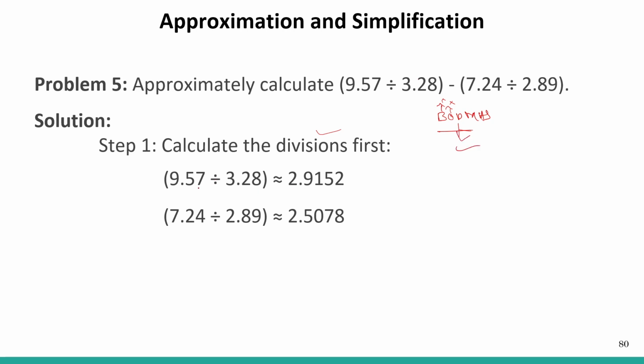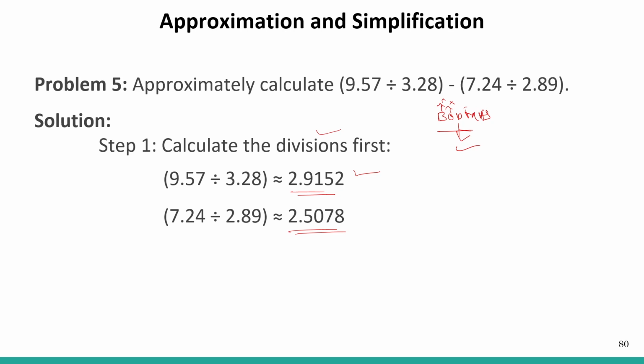So dividing 9.57 by 3.28, we are left with 2.915, right? And dividing 7.24 by 2.89, what we are left with is 2.5078. Now since we have done all the divisions, we have simplified the brackets. Now, multiplication: are there any?